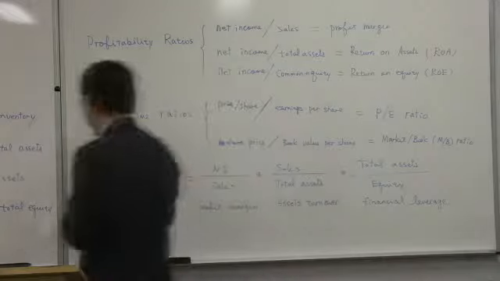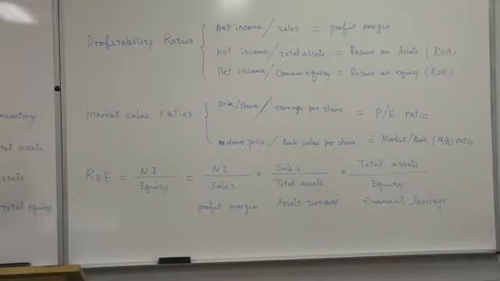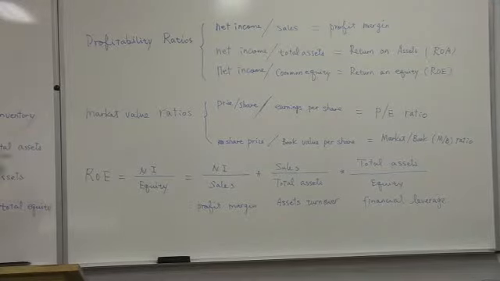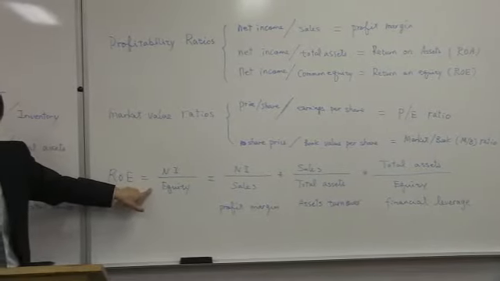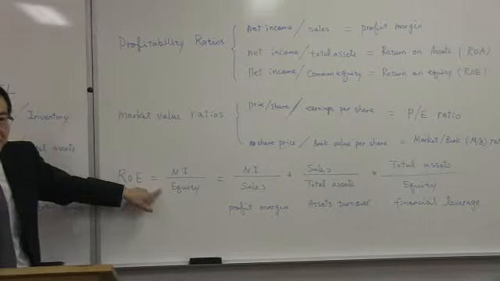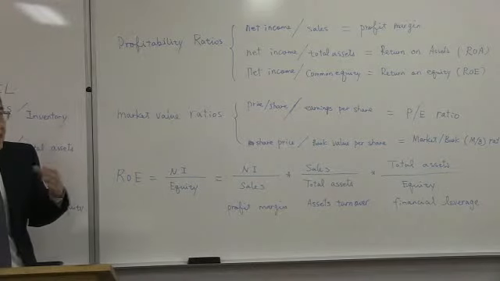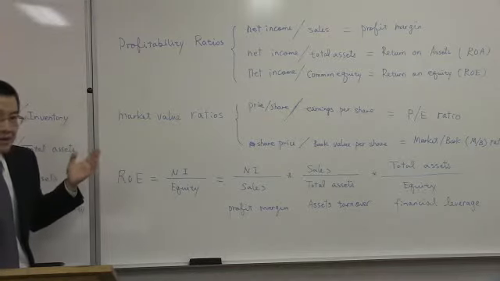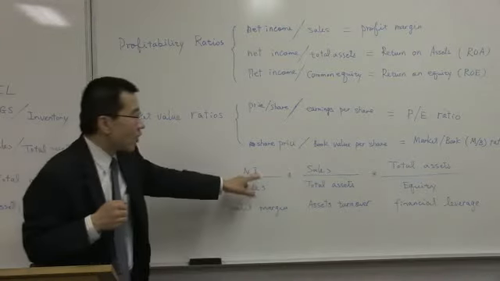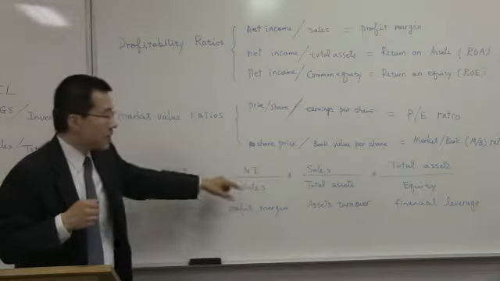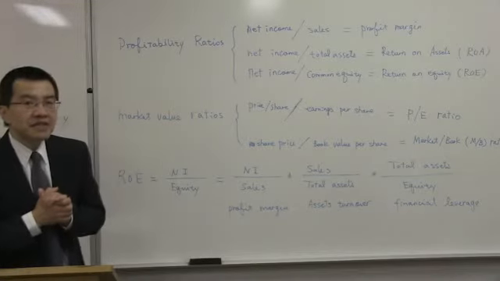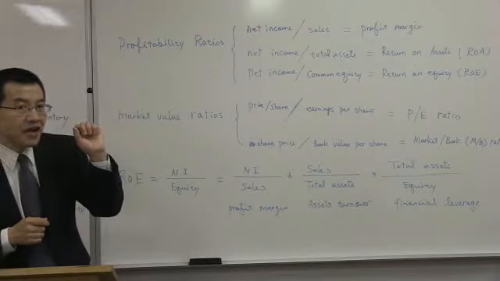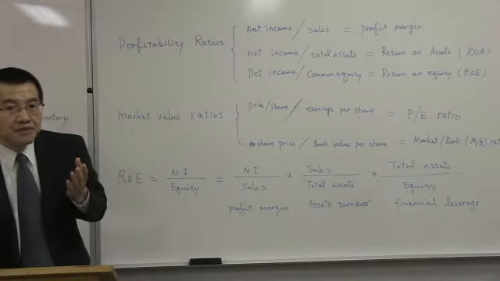You may ask, I have rearranged this formula, so what kind of ideas can you tell me? Well, if you look at the original return on equity formula, you can hardly get any idea. It just tells you the return on the company's equity. But when you rewrite the formula this way, it will give you some insightful ideas. If you want to increase the return on equity, how do you do it?